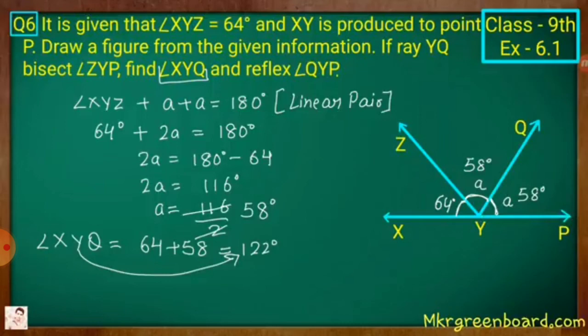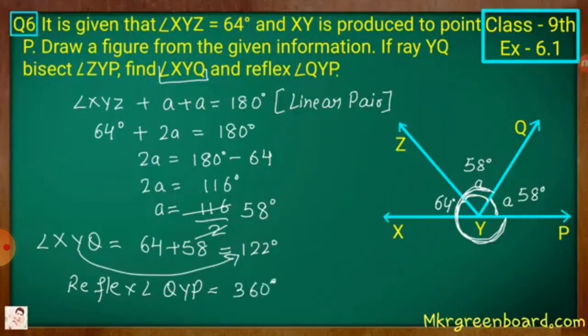So angle QYP equals 360 minus 58, because this is a completed angle, that's why we do the subtraction. 360 minus 58, the answer will be 302 degrees.